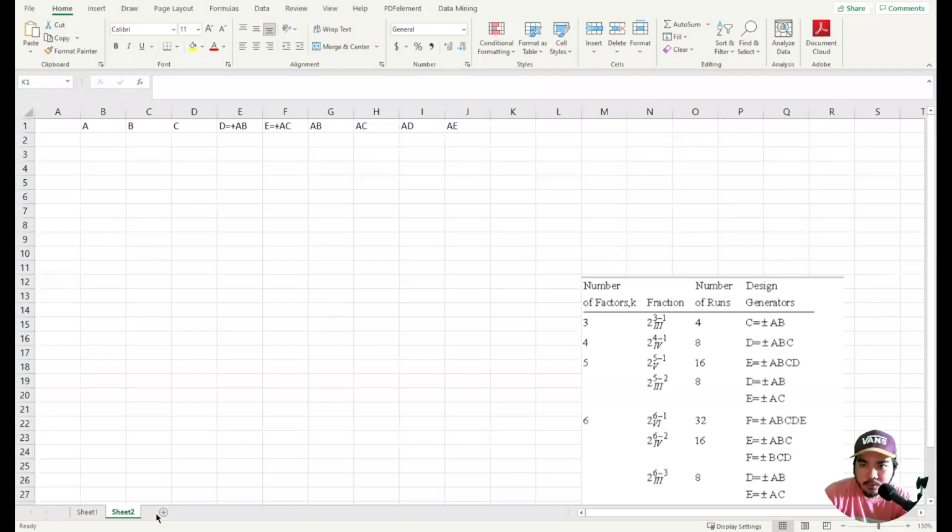Kaya ba natin ma-reduce? Saglit lang, may check lang ako kung okay lang ba na tanggalin natin yung iba. Which I think pwede naman, no?